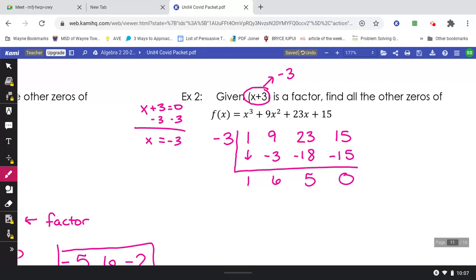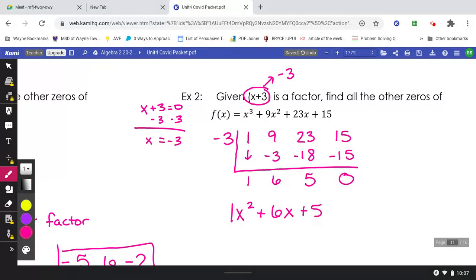We'll write the depressed equation, which is just this, back into its x form. 1x to the third. Sorry, always drop the exponent. I forgot about that. 1x to the second plus 6x plus 5 equals 0. And again, we never write the 1 in front of the x squared, so I'll take that away.